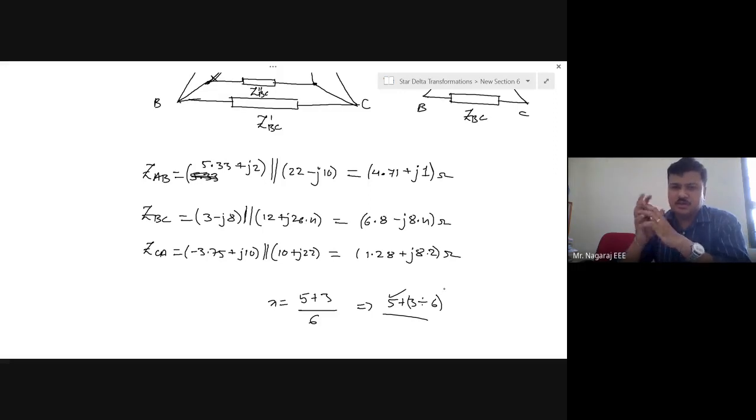Now it is my suggestion. Whether you know how to solve or don't know how to solve, though it is very simple addition, multiplication, subtraction, or division, please write all the terms of the expressions on paper, then substitute in the calculator, then keep the answer. That is always the safer way to solve any example in any subject, not only here.